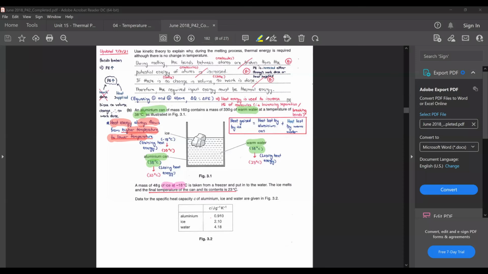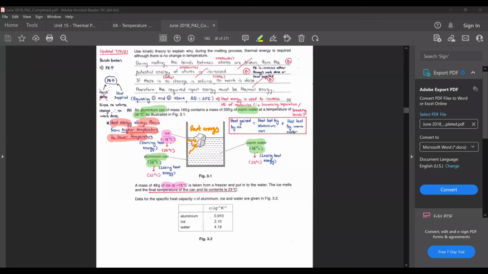And then your ice is at negative 18 degrees. This is the initial one. So from here, if you know that heat energy always tends to flow from higher temperature to lower temperature, what you can actually say is that heat energy actually is flowing into the ice right now. This is the direction of flow of heat energy. Because ice is at negative 18, but aluminum can and warm water are both at 38. So heat energy will actually flow from the can and warm water into ice.